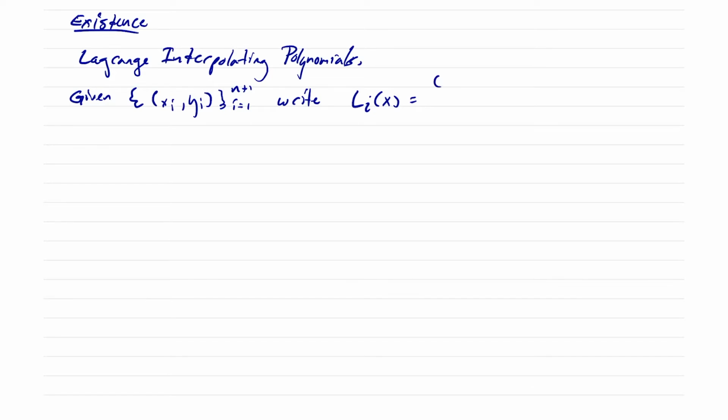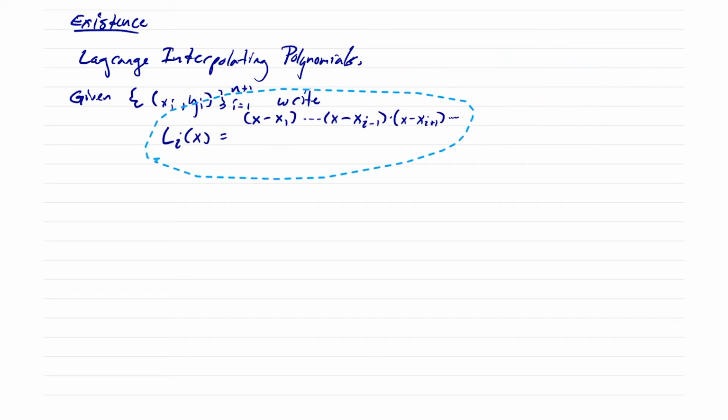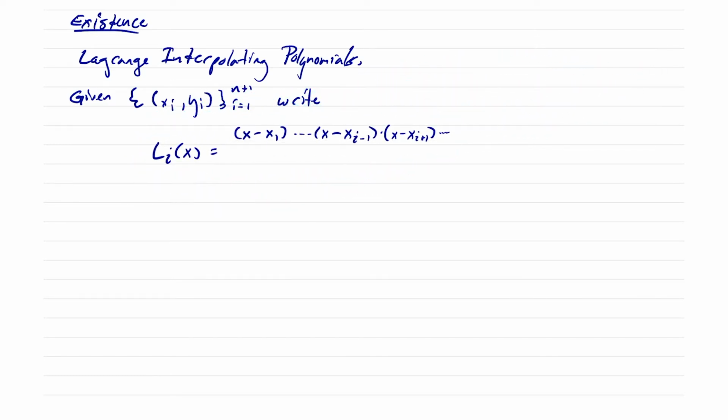It is going to be x minus x1 all the way up to x minus xi minus 1 times x minus xi plus 1 all the way up to x minus xn plus 1.